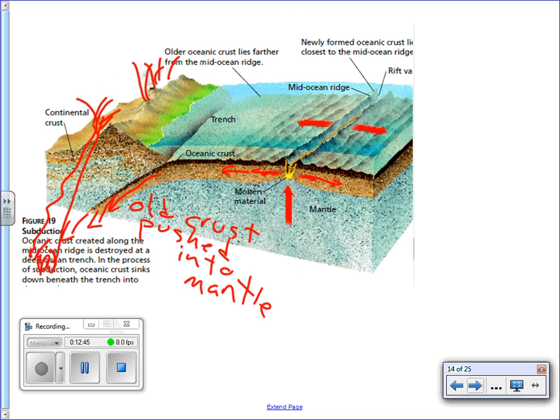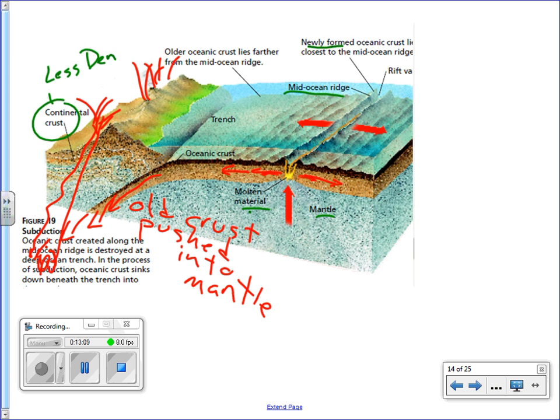And then to kind of complete the cycle, new crust is being formed. So you might think, well, is the Earth just getting bigger and bigger, and why isn't the crust just wrinkling up? Well, it turns out that at the mid-ocean ridge, crust is formed. And then when it hits the continent, remember the continental crust is less dense.